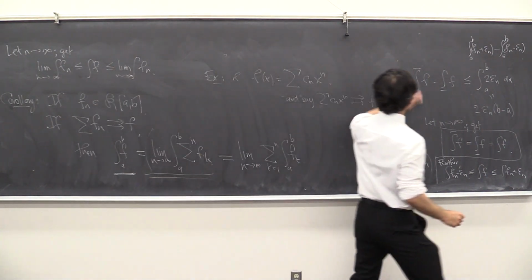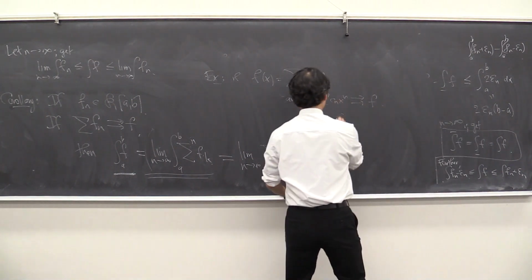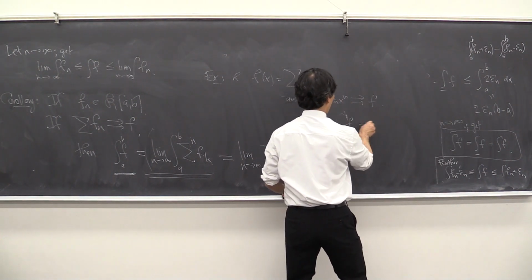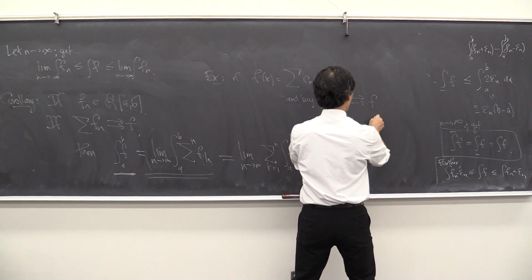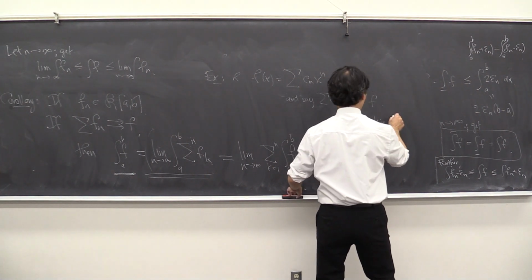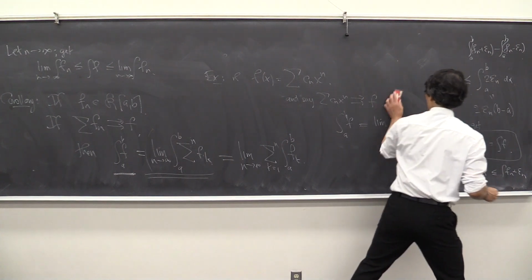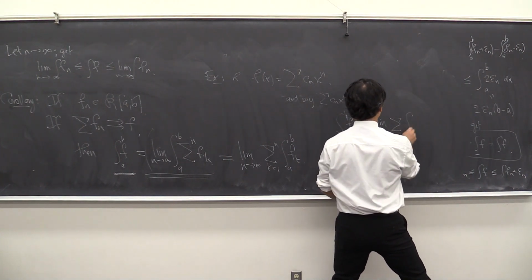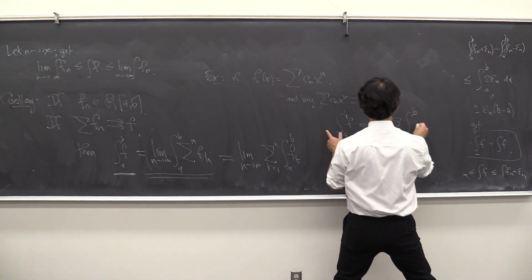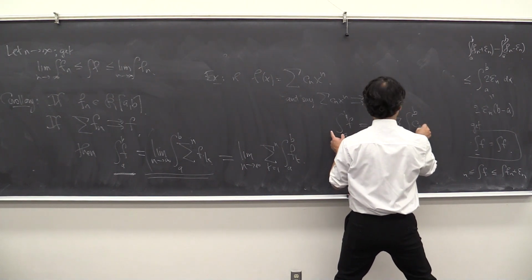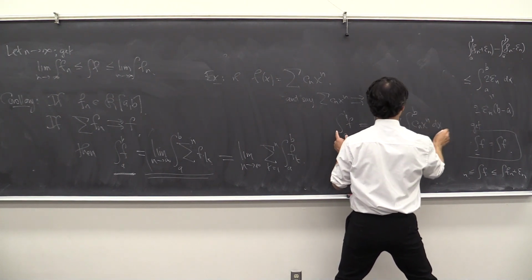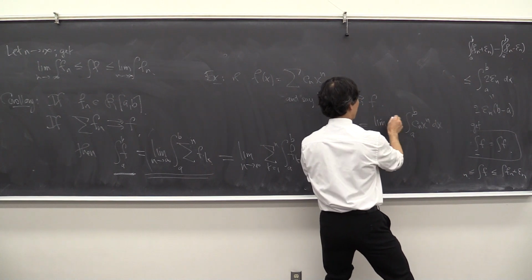What this theorem says is that then the integral of f on some interval is going to be the limit of the integrals of each of those monomials.